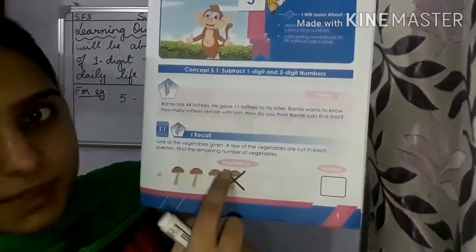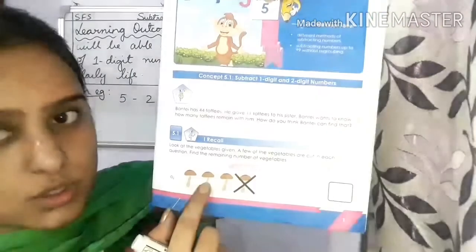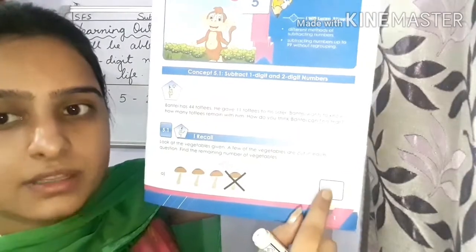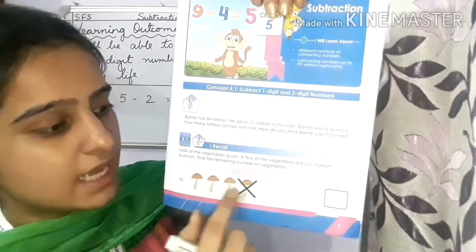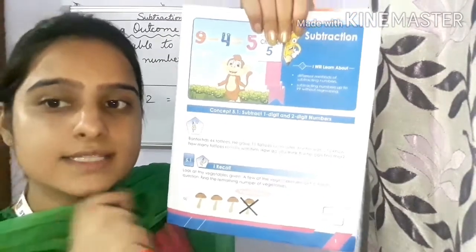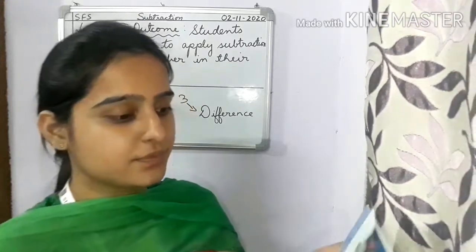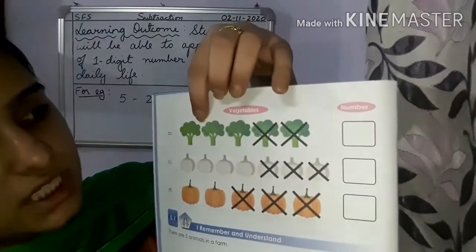And 1 mushroom is cancelled. So how many mushrooms remain? Let's count again. 1, 2, 3. So what will be the answer? 3. And this answer is called what? Difference.